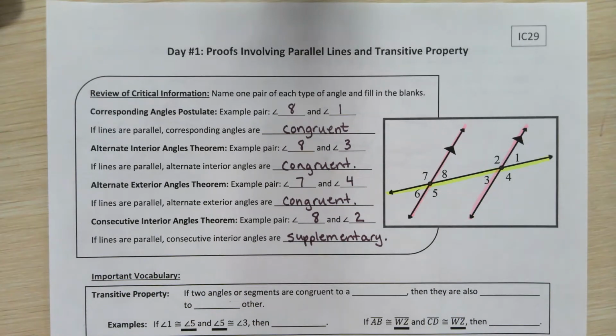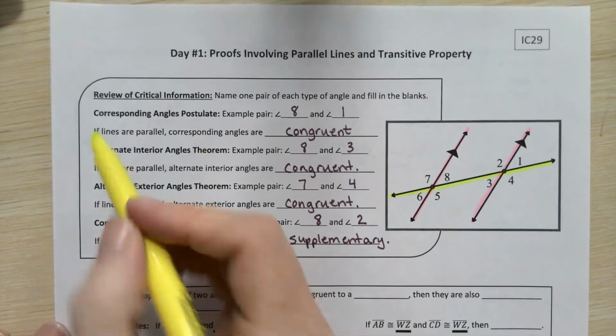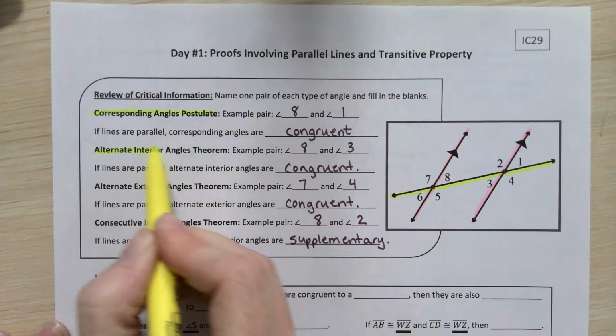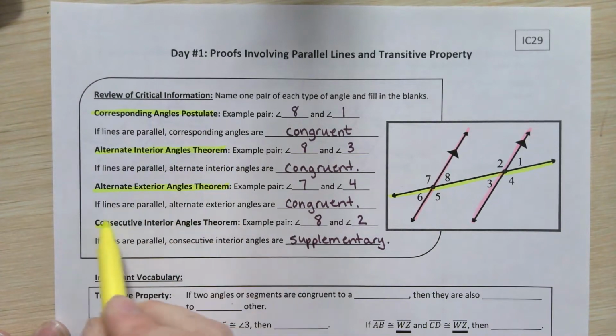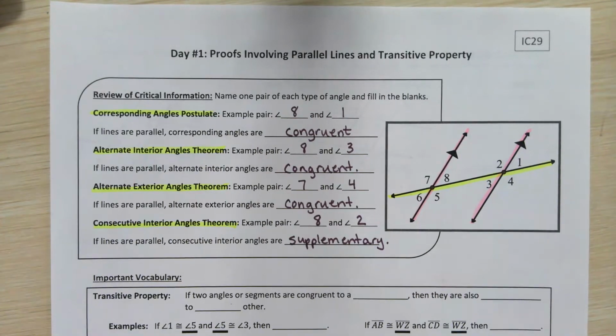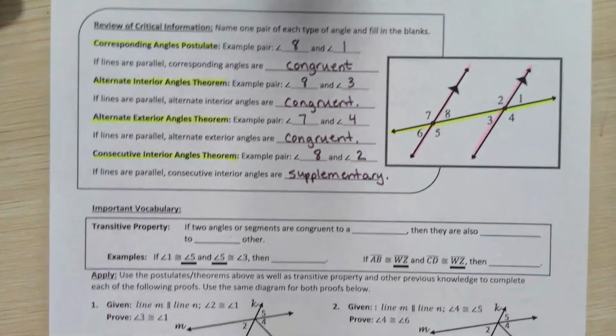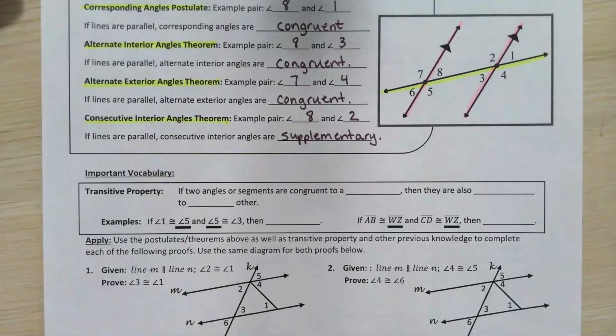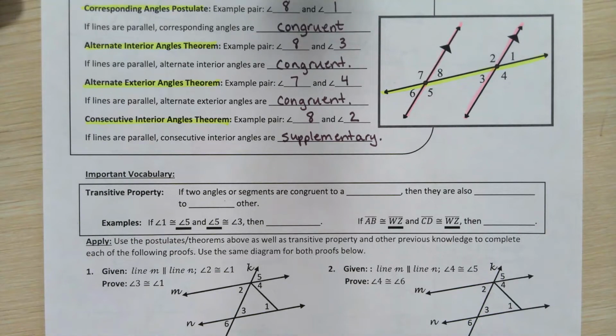So what we're going to do is recycle these 4 pieces of information that we already know from Standard 6, but we're going to use them in a different way now for Standard 7 because these are going to become reasons in proofs. There's one more important piece of information that we need to know, one more important vocabulary idea.